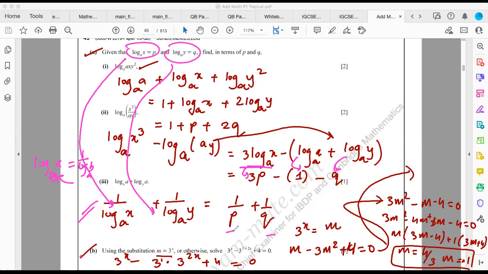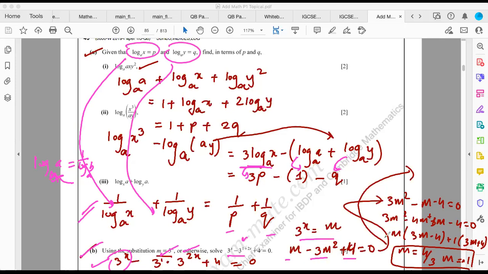The last part is to solve 3 to the power x minus 3 times 3 to the power of 1 plus 2x plus 4. So take the substitution m as 3 to the power x. You break this down as 3 to the power 1 into 3 to the power 2x, and 3 to the power 2x is m square. So it becomes m minus 3m square plus 4 is 0.